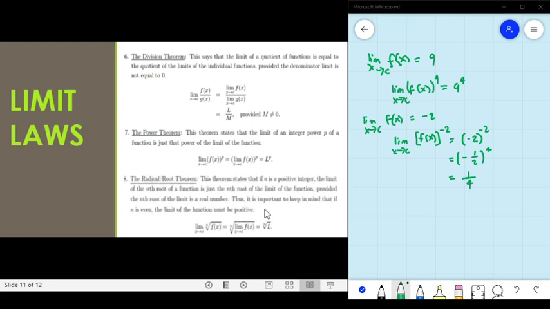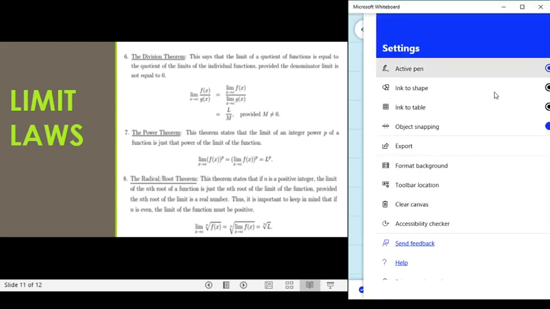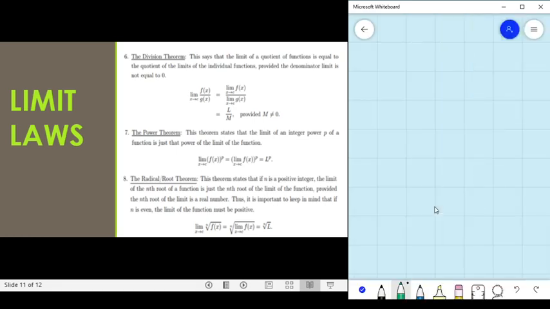And the last limit law is about the radical root theorem. This theorem states that if n is a positive integer, the limit of the nth root of a function is just the nth root of the limit of the function, provided the nth root of the limit is a real number.